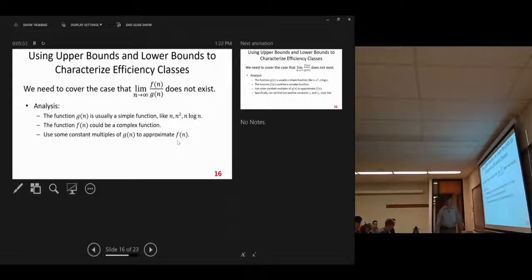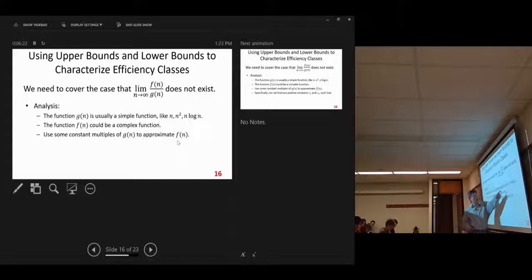But how do we use a simpler function to describe a more complex function? We use some constant multiple of a simpler function to approximate a complex function. Because for a constant multiple of a simple function, we have an idea how large it is.